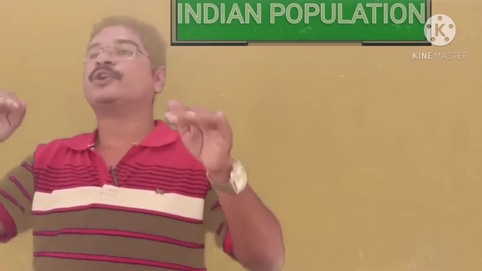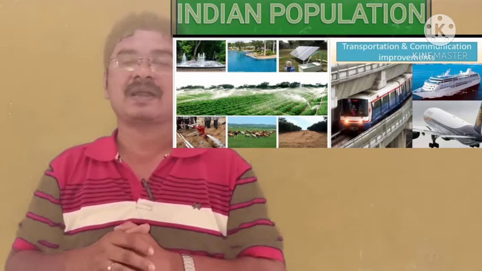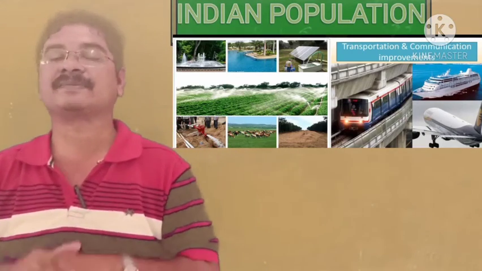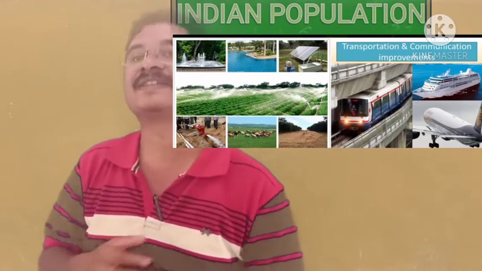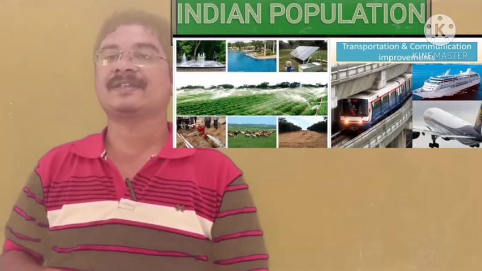Then causes of high density of population. These areas have high density due to fertile soil. Why do most people live in some particular places? Because of fertile land, a good transport system and good communication facilities.